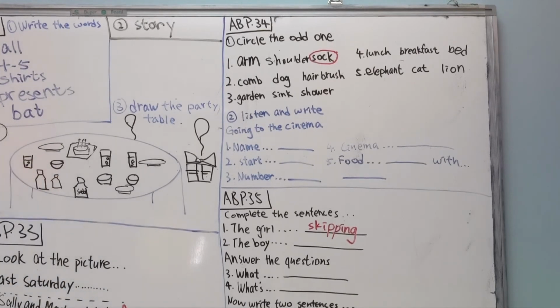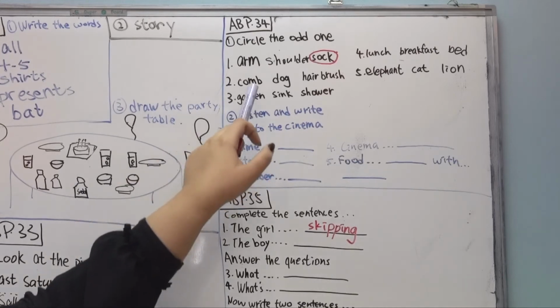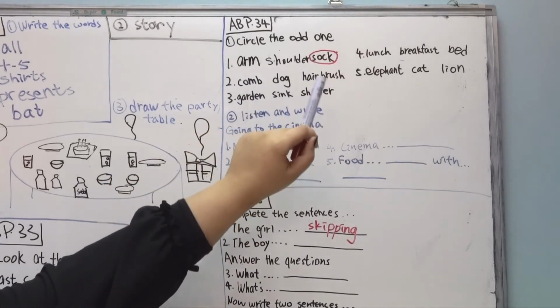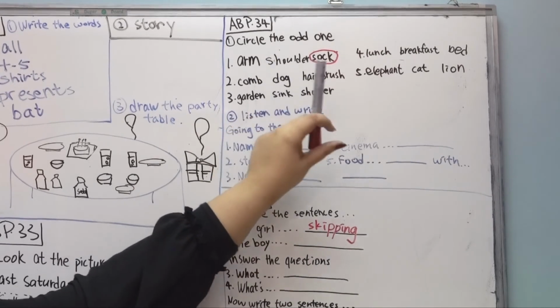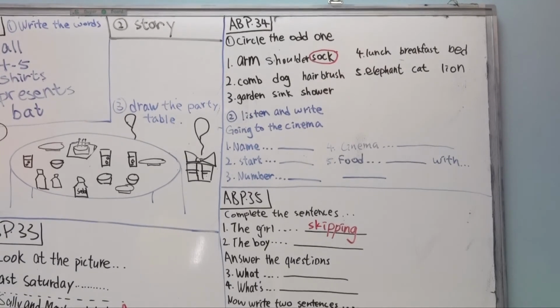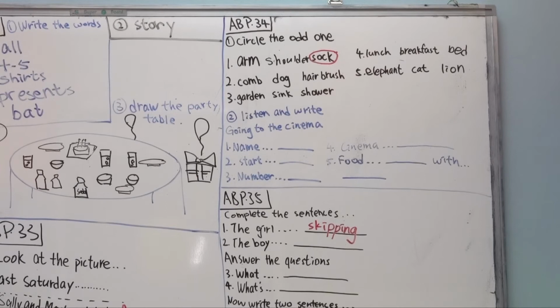Let's do number 2. So you'll see a picture of comb, a dog, and hairbrush. Right? So which one is the odd one? That should be comb? Really? Or a dog?